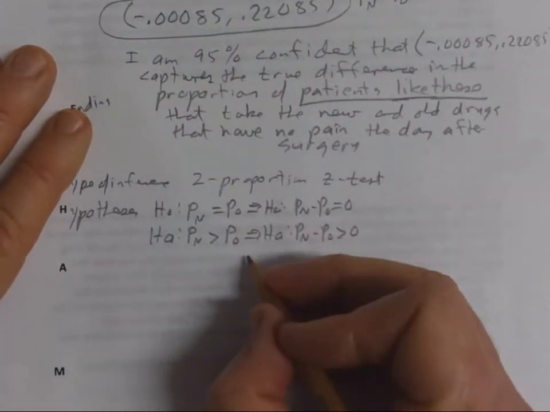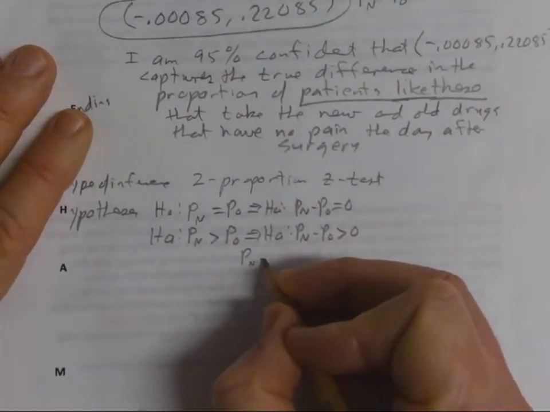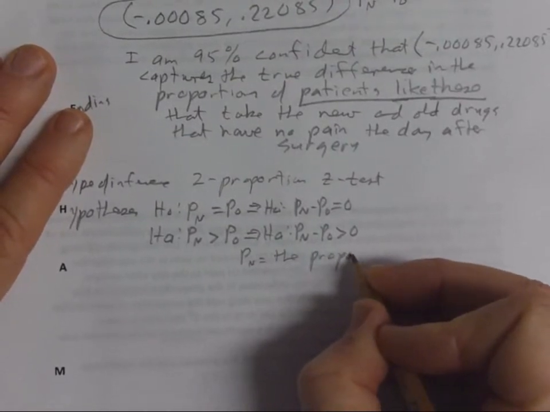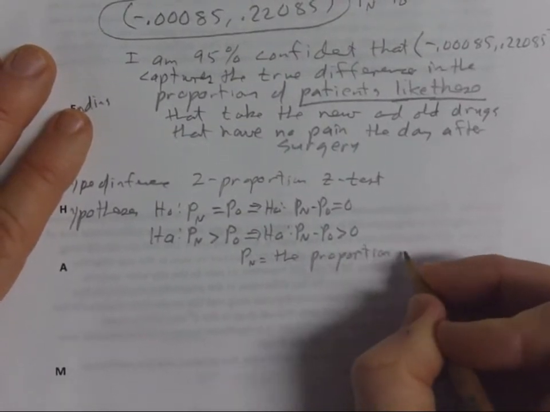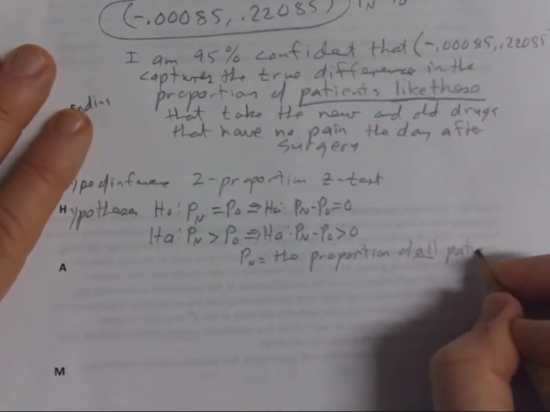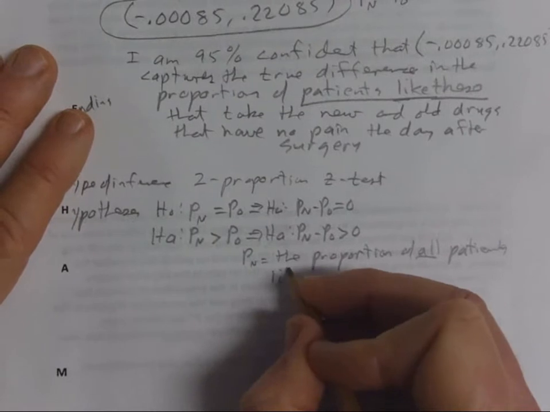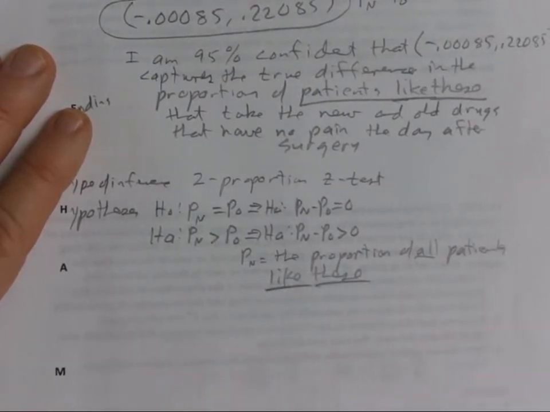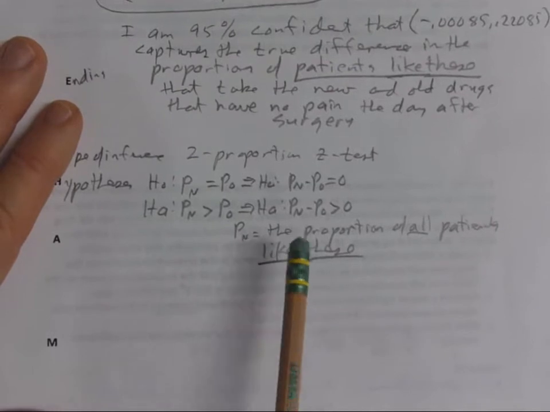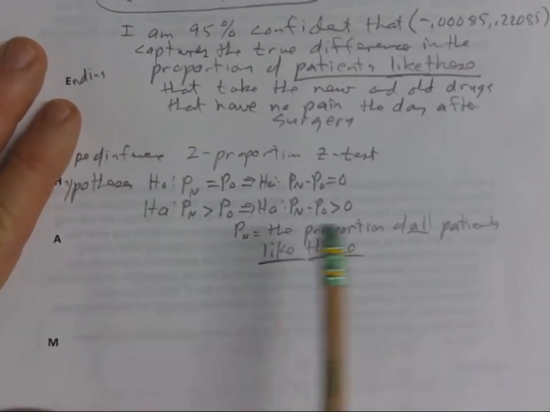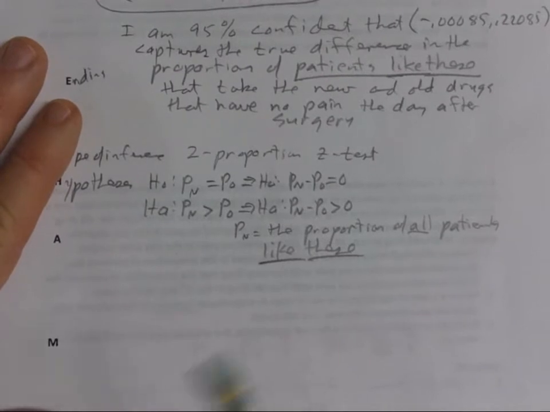And we have to define P sub n and P sub O. P sub n is equal to the proportion of all patients like these. That's the whole reason I'm making this video, is so that you will learn to say, whenever you have an experimental design situation, we have not had random selection, so we can only infer about patients like these.